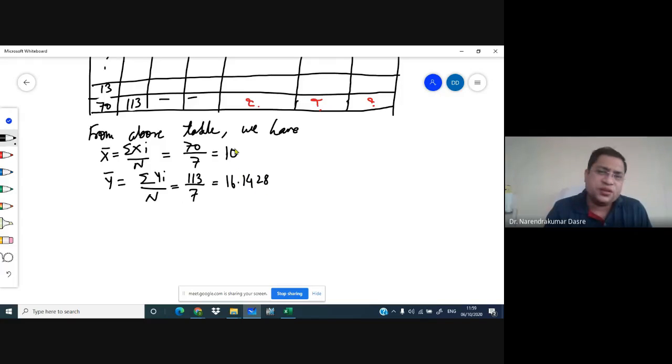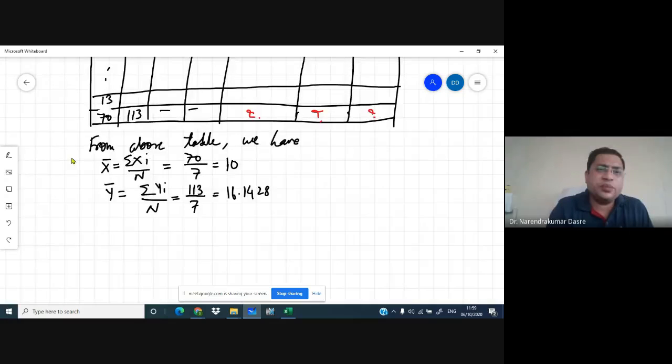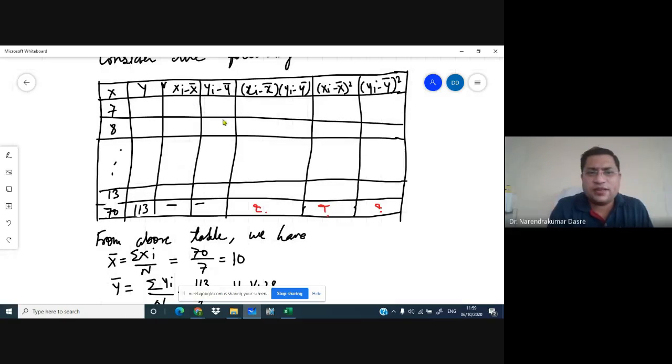Okay. That's great. So you got both the means, and once you got both the means, now you can calculate these two columns. So xi minus x bar, yi minus y bar, and then you are able to have the multiplication of these two and the square of these two columns, and then we are interested in this value and this value, so that we can calculate the remaining.